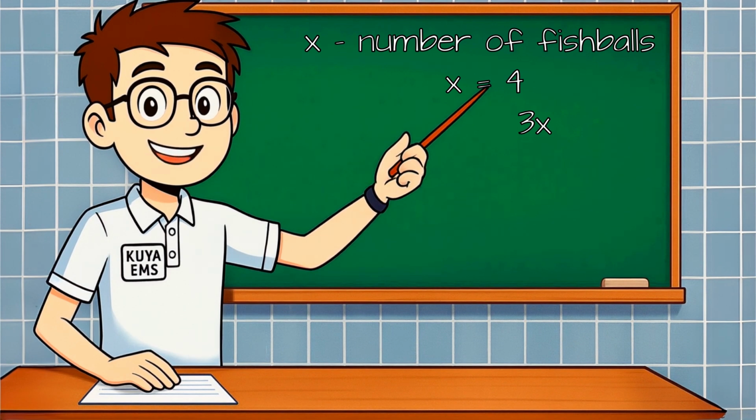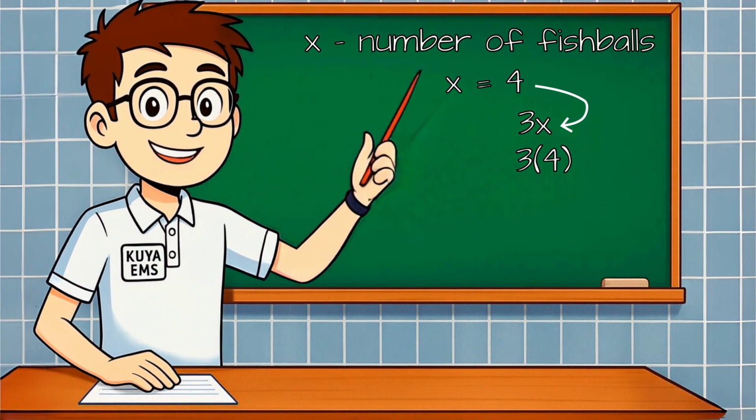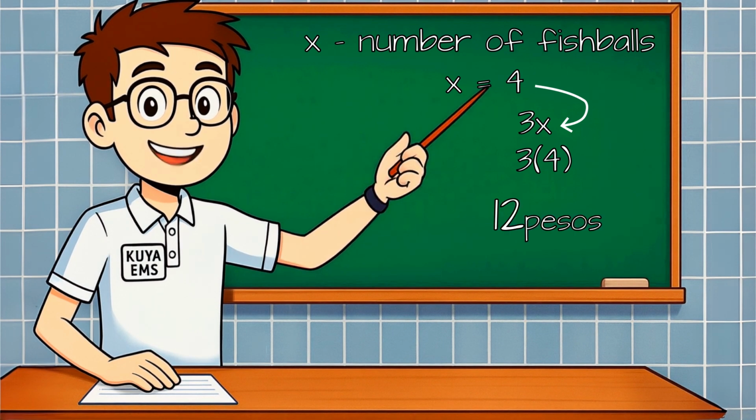Now we know that the variable x, we have already assigned a value for, and that is 4 pieces. So the answer would be 3 pesos times 4 pieces, and the answer is 12 pesos. Math is a lot tastier when you add fishballs, right?